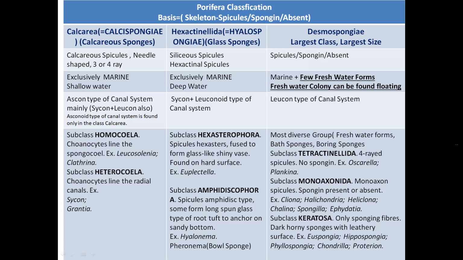Now if you see Euplectella in Hexactinellida, subclass Hexasterophora, Euplectella is called a wedding gift in Japan. Why? Because in Euplectella, a pair of shrimps are trapped. When they are trapped inside, the body size overgrows.